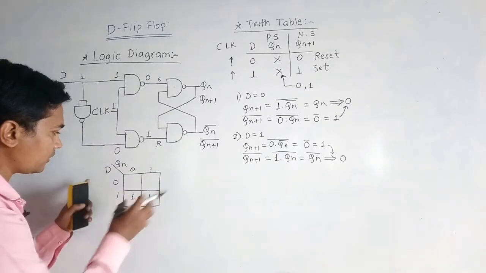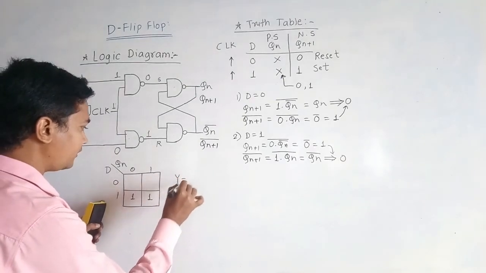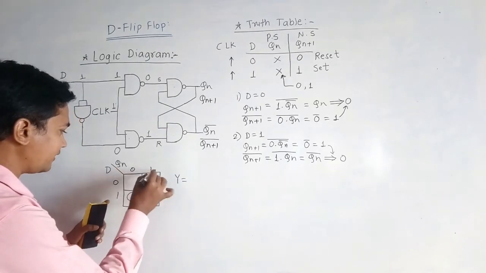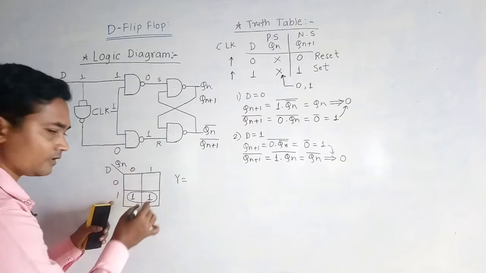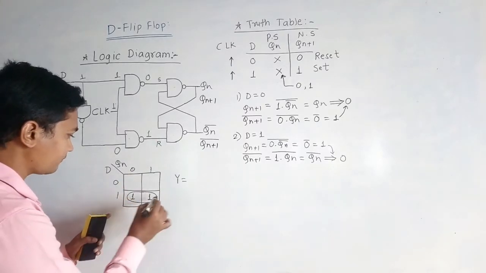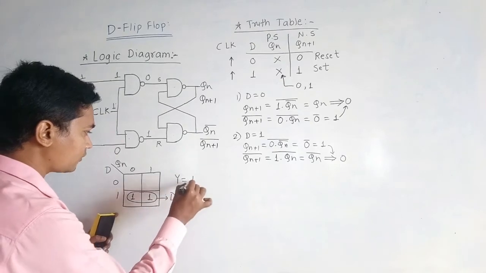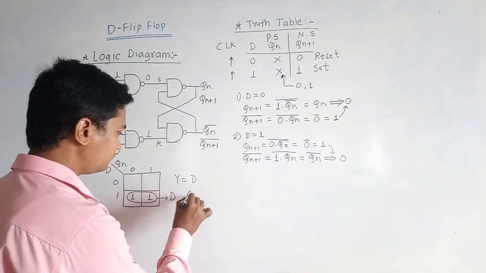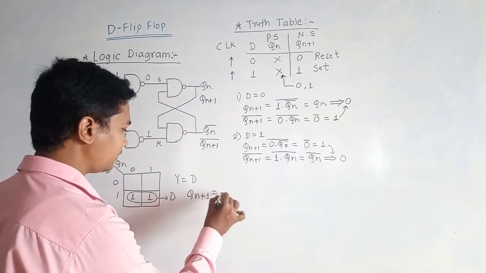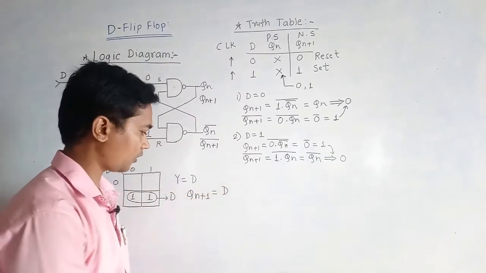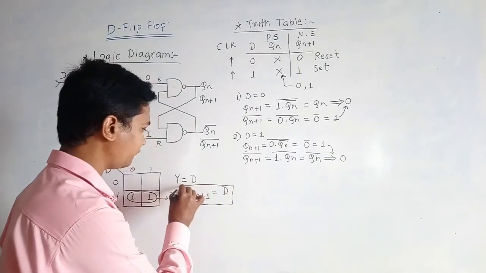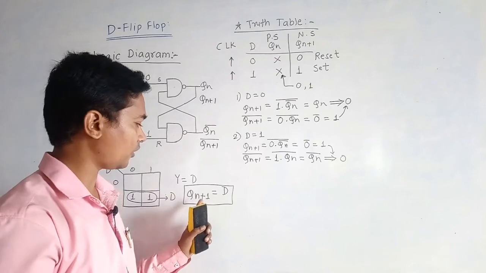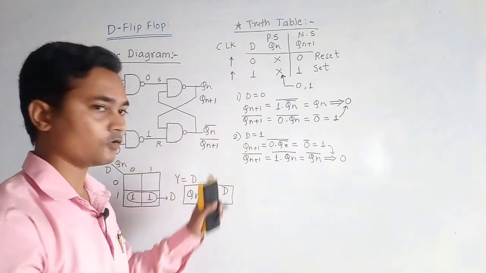Okay, so if you find out the output equation, just form this group. So Qn will be cancelled here, and what is the common term in these inputs? So the common term is D. Okay, so it will become D. So output is D. Instead of Y here, I can simply write Qn plus 1 is equal to D. So from this equation we can conclude that our output or the next state is not dependent on the present output state.